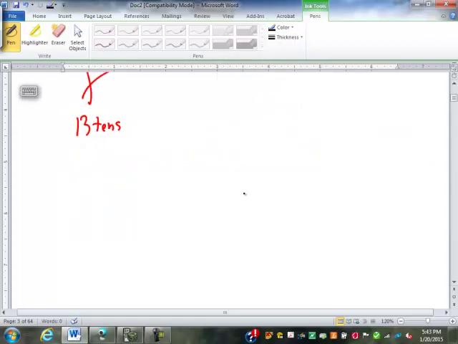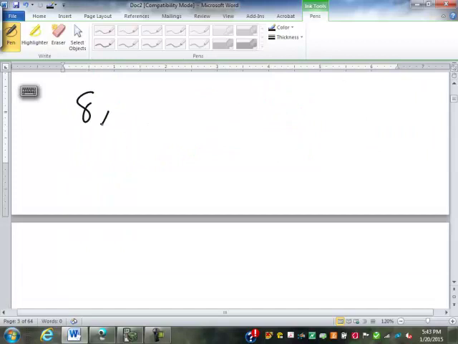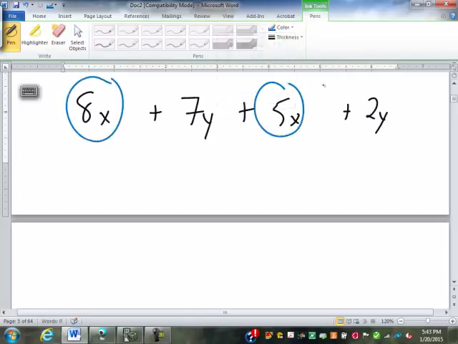With algebraic numbers, the same is true. We might have 8x plus 7y plus 5x plus 2y. Same thing occurs. The 8x and the 5x have the same name or the same place value. We can combine those digits. 8x and 5x make 13x.